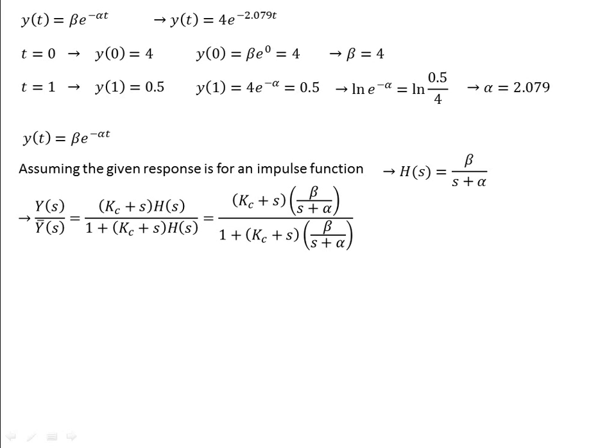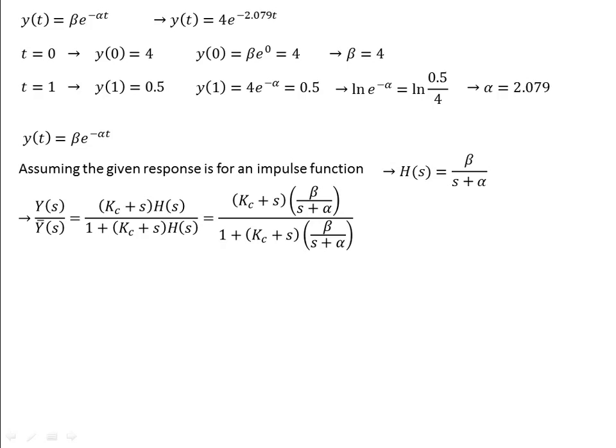If you look at the closed loop transfer function, the equivalent transfer function of the closed loop system is (Kc plus s) multiplied by H(s) over 1 plus (Kc plus s) multiplied by H(s). If we substitute H(s) in this relation, we get (Kc plus s) multiplied by beta over s plus alpha, over 1 plus (Kc plus s) multiplied by beta over s plus alpha.